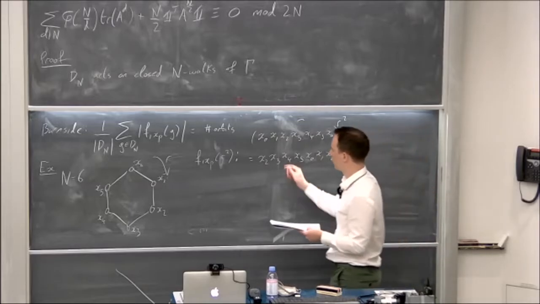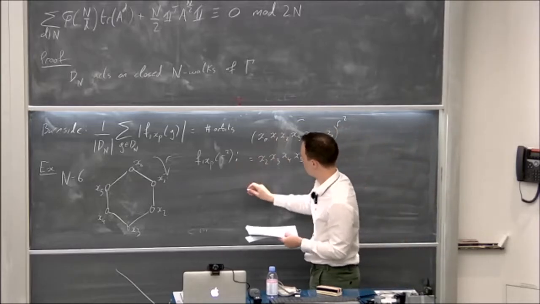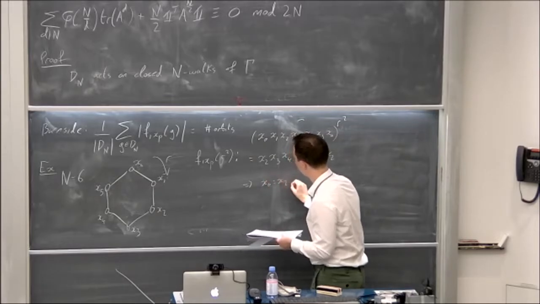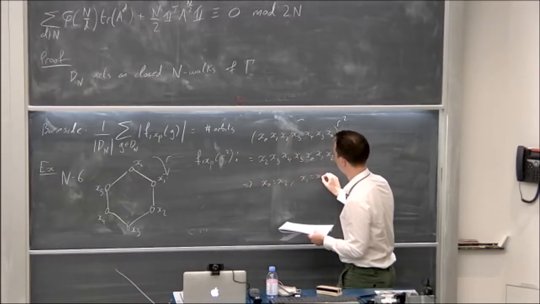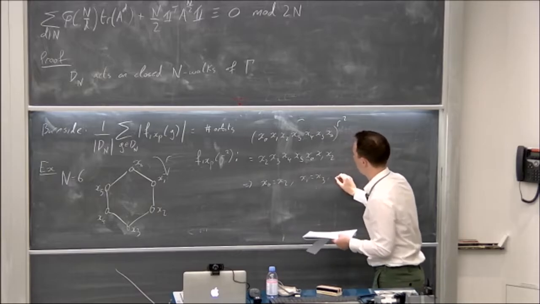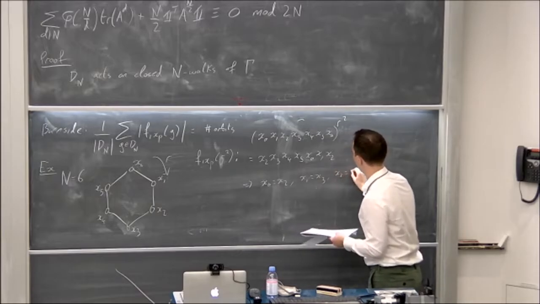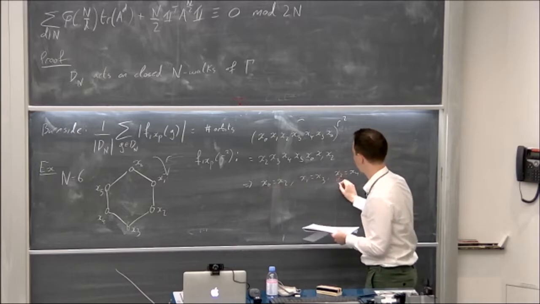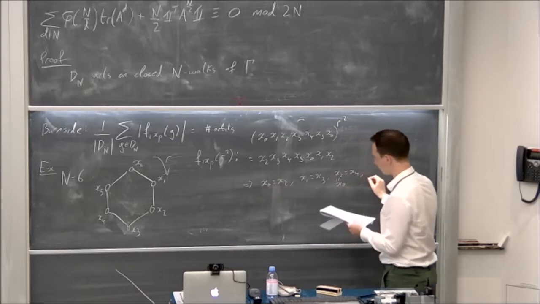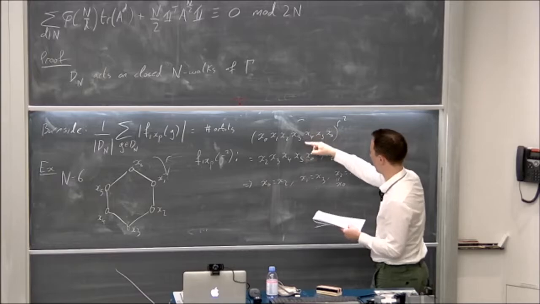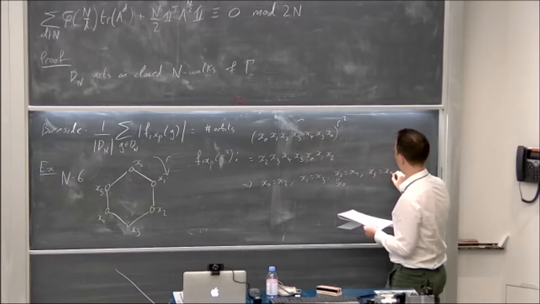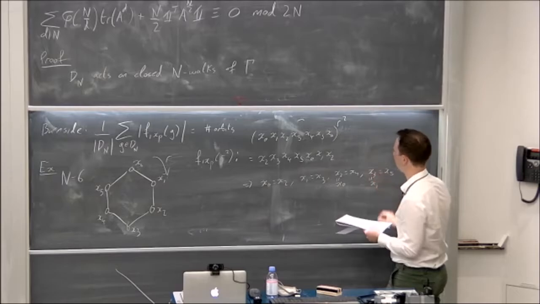So if this walk is fixed by R squared, then it implies that x0 equals x2, x1 equals x3, x2 equals x4, but we know x2 is x0, so this is equal to x0. What's next? x3 equals x5, which is equal to x1.